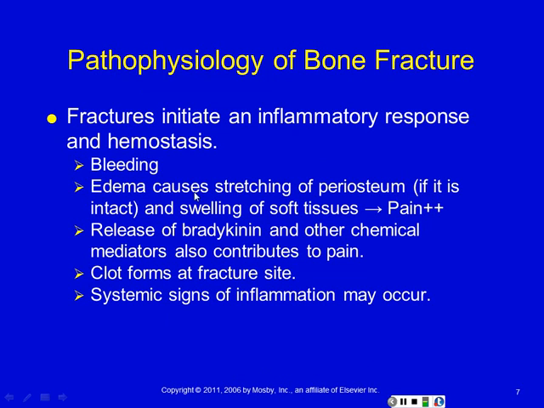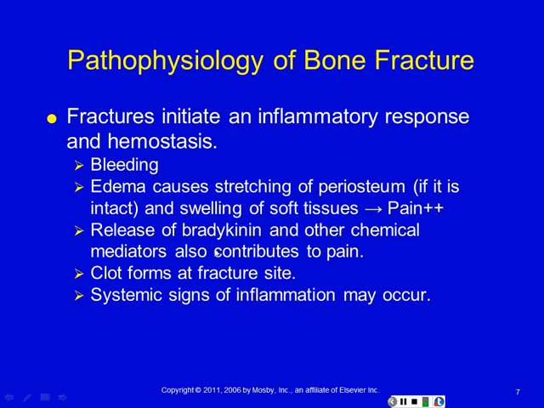Some of the pain is from stretching of that periosteum that surrounds it and from inflammation that we find there. There's a profound immune response as well. Chemical mediators are released that help to identify a fracture. Why does a broken bone hurt so much worse than just a bruise?